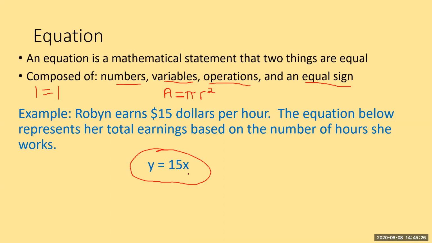We've got our independent or input variable X. We've got our dependent or output variable Y. And then in order to calculate Y, in order to get that output, we multiply the number of hours we work by $15 per hour. So again, this equation is just like shorthand for calculating her total earnings.